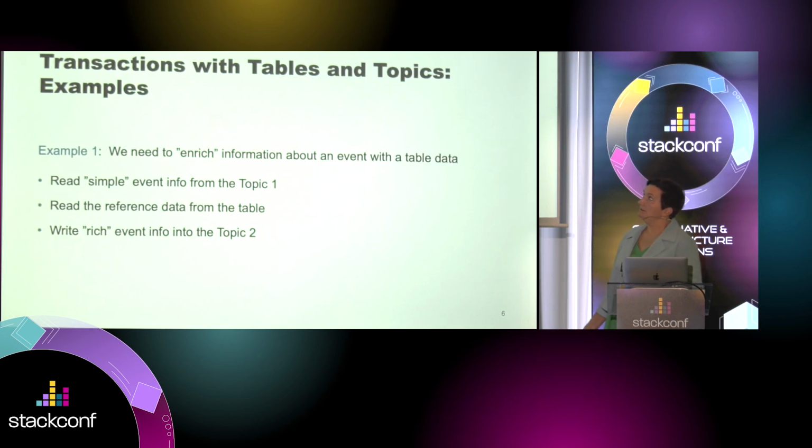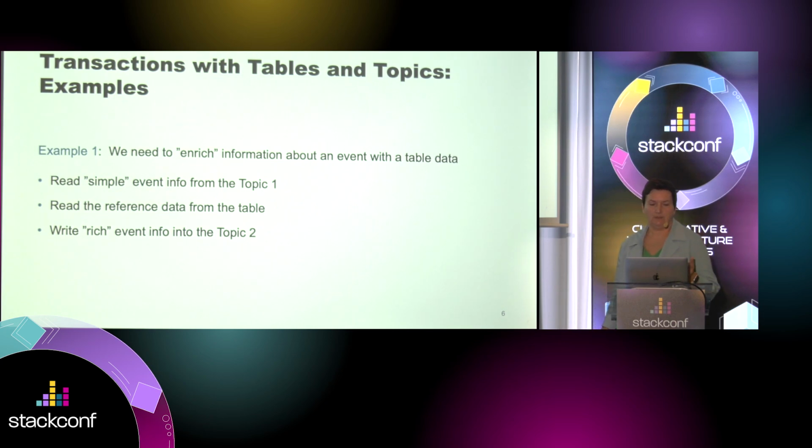When do we need transactions with tables and topics? Everywhere and every time when we need atomicity and consistency of our changes in tables and topics. I have here two examples, but we can generate many more.